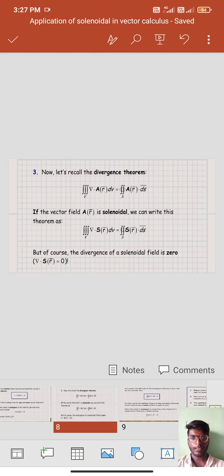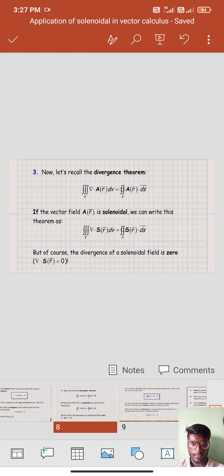If the vector field A is solenoidal, we can write this theorem as the triple integral of del dot the solenoidal vector S dV equals the double integral of S dot dS.